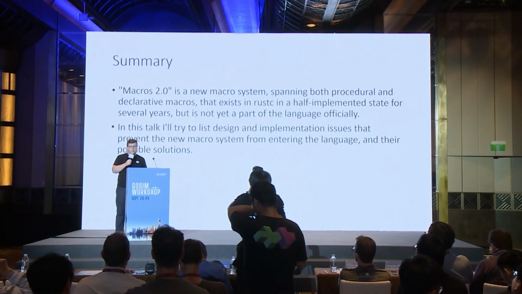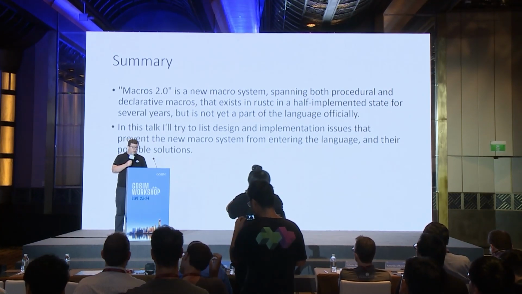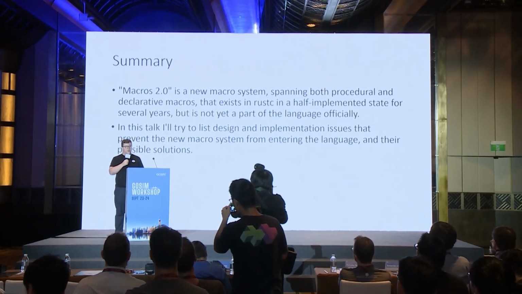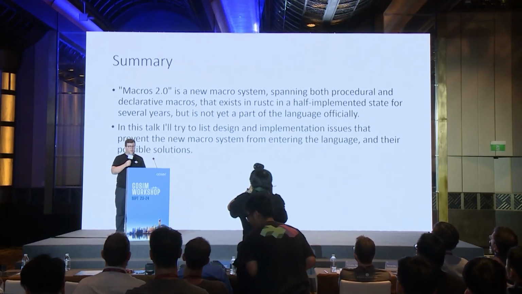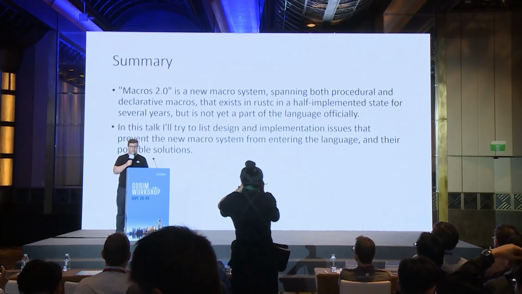So I will talk today about macros 2.0. Rust has a macro system, and it consists of two parts: procedural macros and declarative macros.